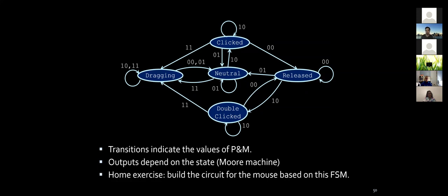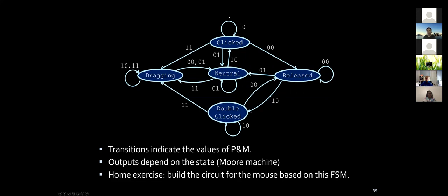Here things are a little bit more complicated. So essentially the way we encoded it here, the first signal, P, for pressing the button, is the first digit in this transition table, and M, the movement, is the second one.